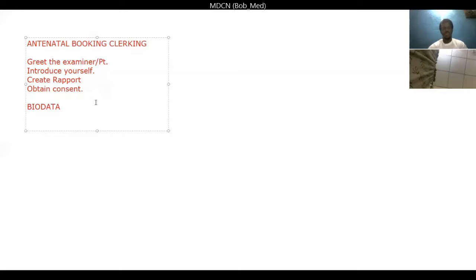This is very important. So here you want to ask about biodata. You know what to ask under biodata. I don't need to go over it. If you don't know what to ask, go through the introduction to clerking. The name of the patient is very important.